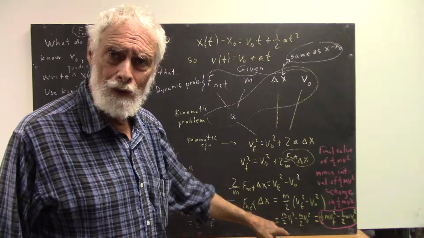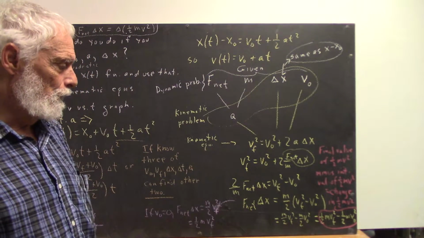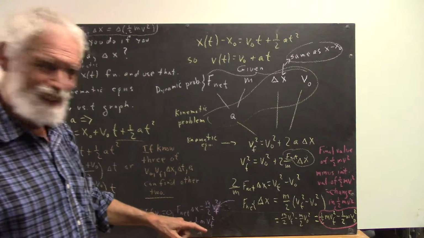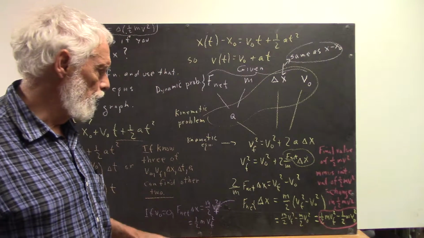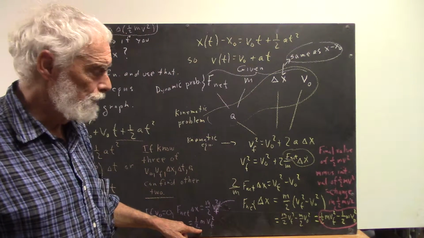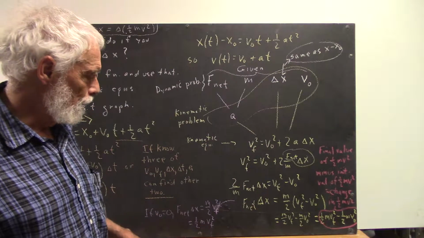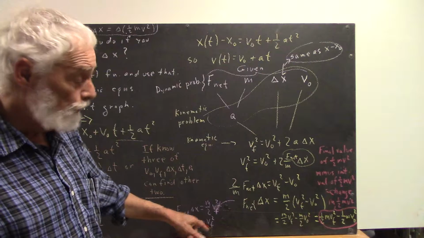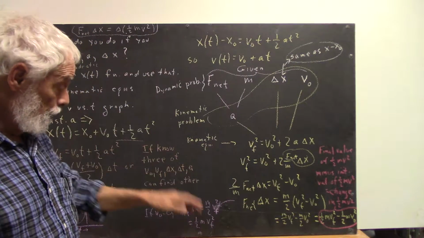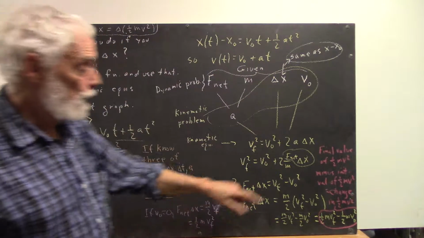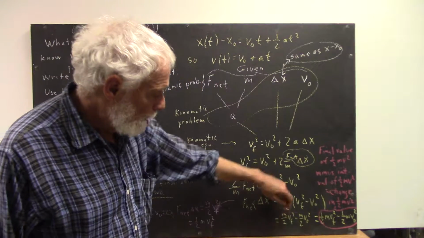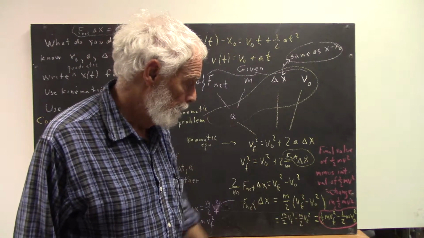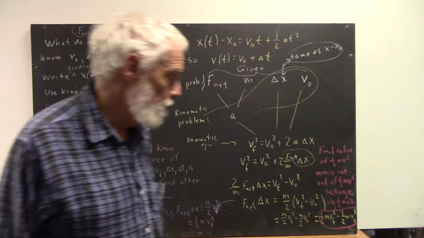So we did this, and still people were unsure where to go from there because, in the booming, buzzing confusion of all this, we don't necessarily see this and how it relates. But obviously, we had an m over 2 vf squared here. We changed that to 1/2 m vf squared. And now it was in this form, so we really want to do the same here. So we get 1/2 m vf squared minus 1/2 m v naught squared. So that's what we have here.